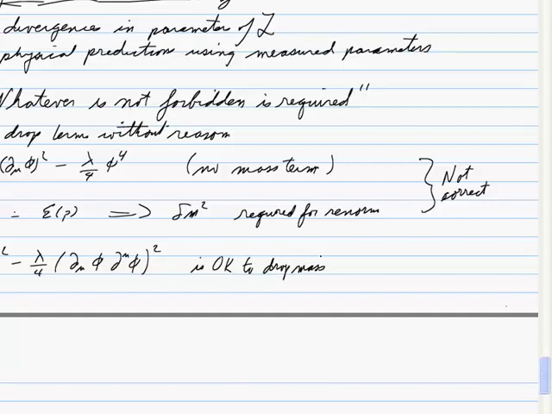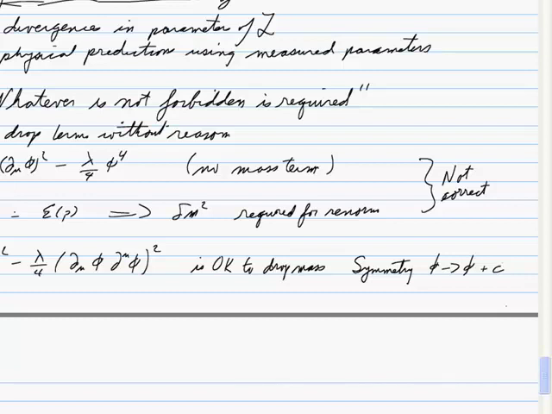Now it seems a little funny. Here I've got lambda phi to the fourth, and all I've done is add some derivatives. Anyone care to give me the reason? I don't know if anyone can see it. It's a little subtle. That's okay because there's a symmetry here: phi goes to phi plus a constant.